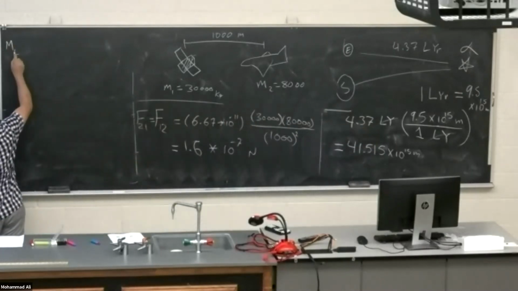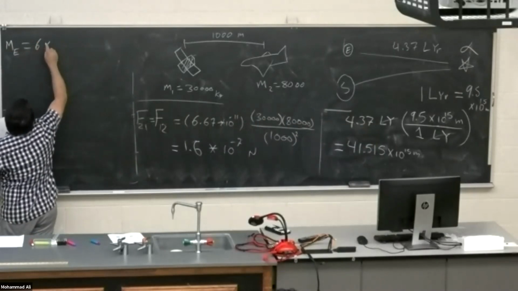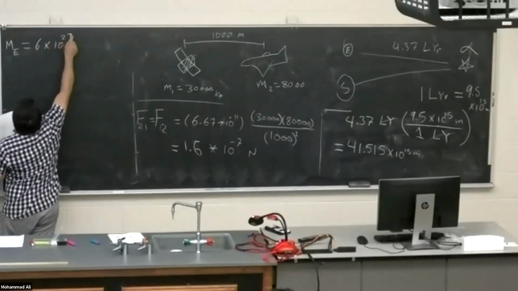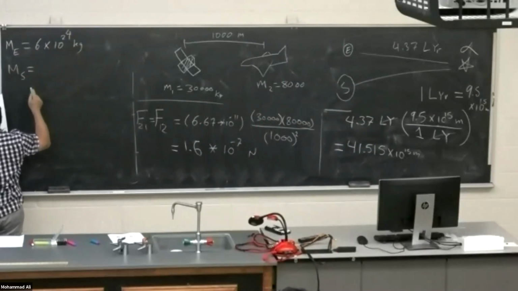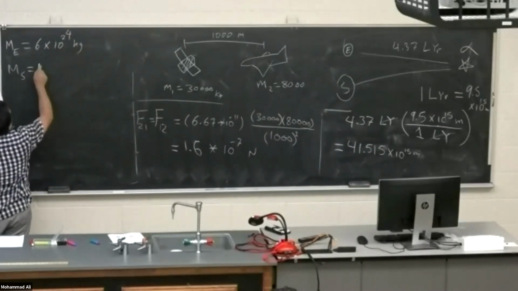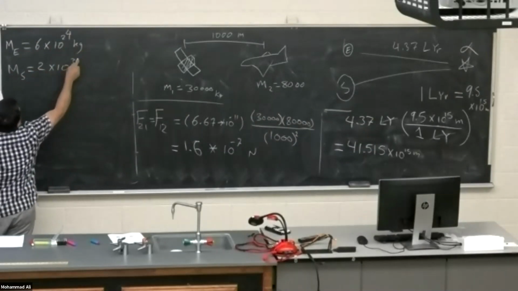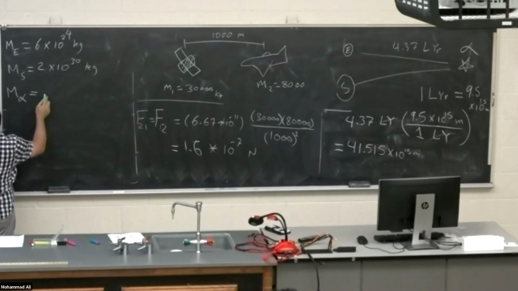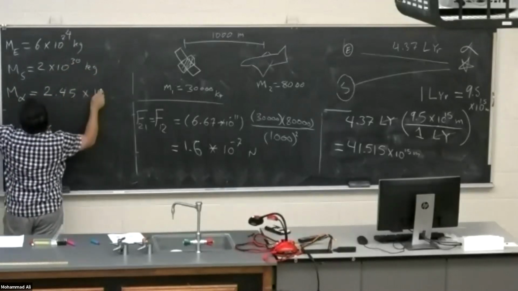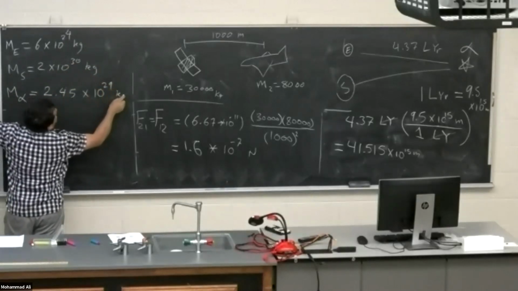The mass of the Earth, as we see, is 6 multiplied by 10 to 24 kilograms. The mass of the sun is equal to 2 multiplied by 10 to 30 kilograms. It's 1,000,000 times bigger than the Earth's mass. The mass of Alpha Centauri is smaller than the sun, 2.45 multiplied by 10 to 29 kilograms.